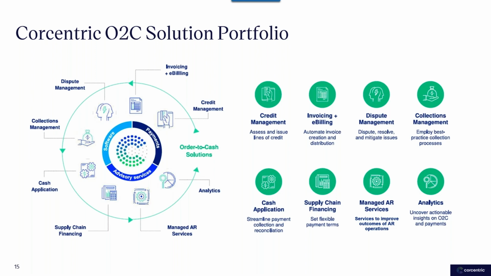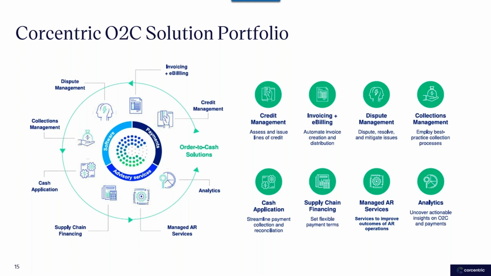We sit between you and your customers, and we normalize all that interface, so we can pay you on time, every time, without deduction, regardless of customers and their payment terms. And then we take on all that payment risk. So it's one payment, so your cash application is simple, right? And we have a whole host of not only the software services, but also the trade financing, and then analytics to go along with it.